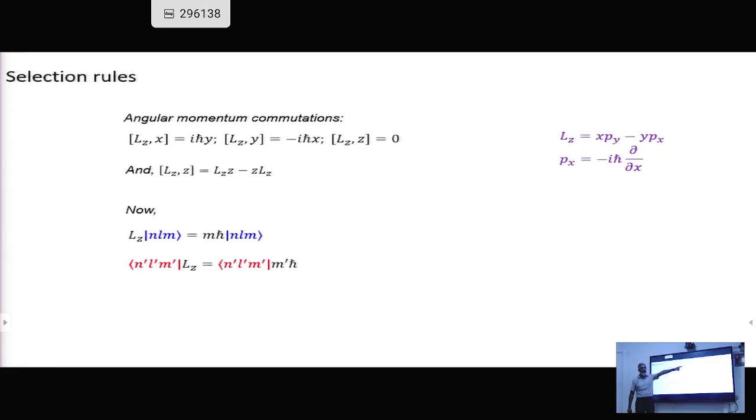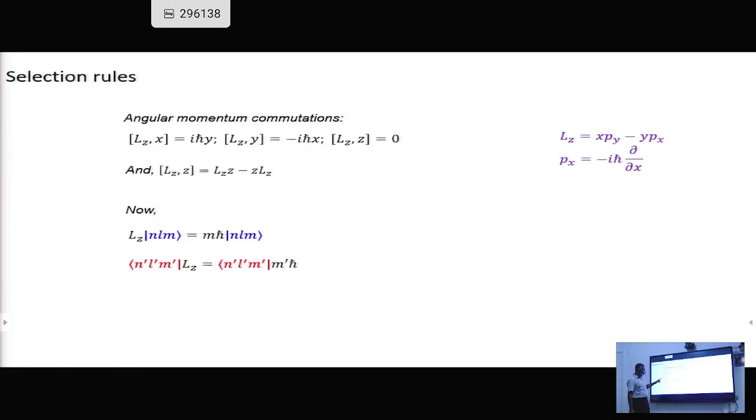And Lz is given by x p_y minus y p_x, and L in operator form is minus i r cross del. We can do this as an exercise: you substitute and you should get it. It's not very difficult. And what Lz means is the commutation relation you already know.